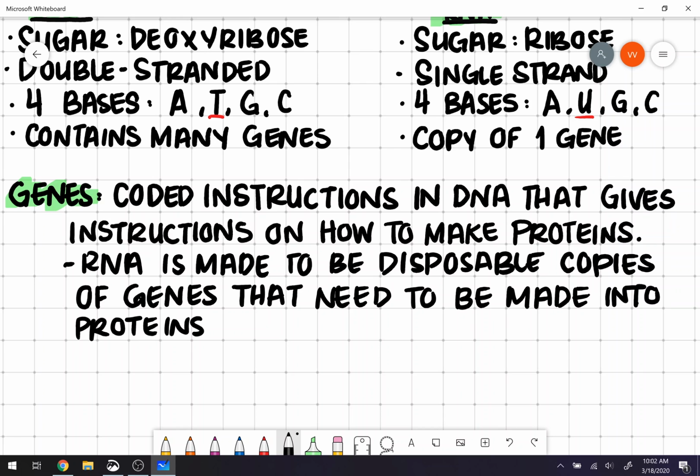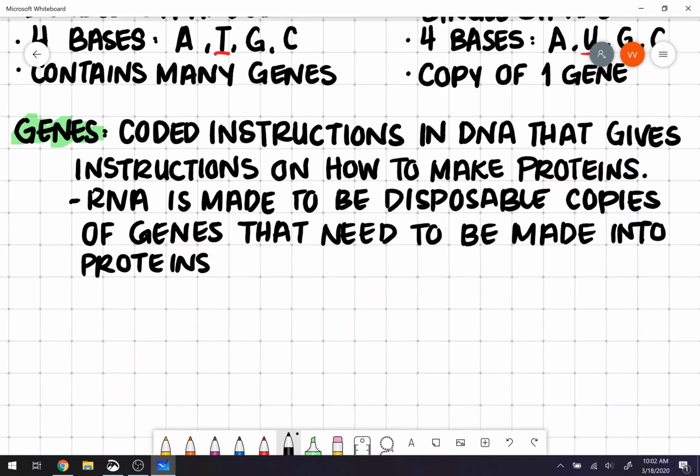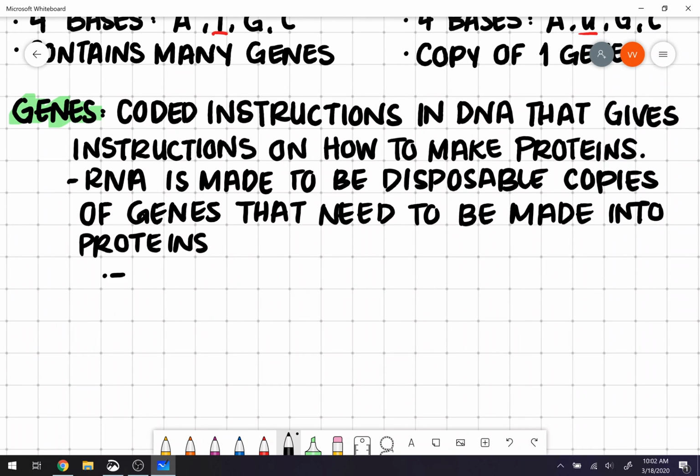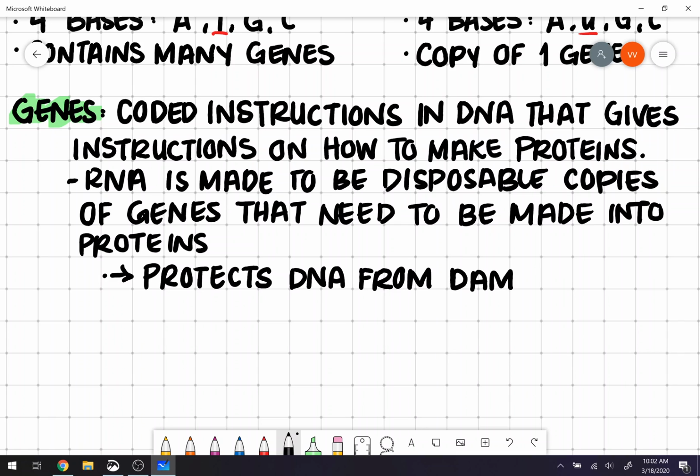Again, there's benefits to this. The first benefit to this is that it protects the DNA from damage, because we're not actually moving the DNA out of the nucleus where it's safe and protected. It's not being used to make the thousands and thousands of proteins that your cells might need within a day.